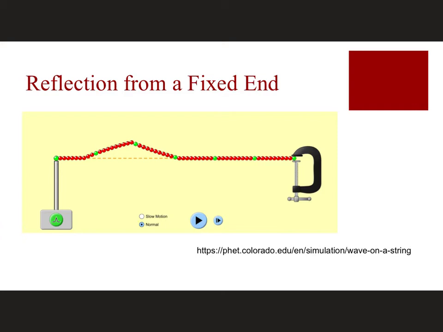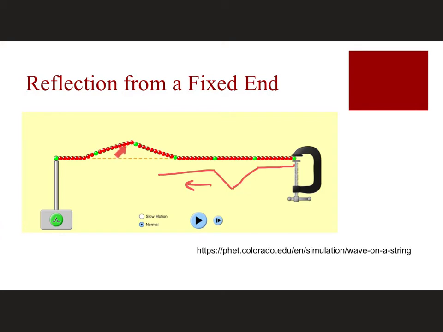So stop and think, what's going to happen to that wave when it gets reflected from the end that's being held tight? Now, I hope this is what you thought of. It's actually going to be inverted on the way back. When we're talking about waves, we say it's undergoing a phase change of pi, 1/2 of the cycle.